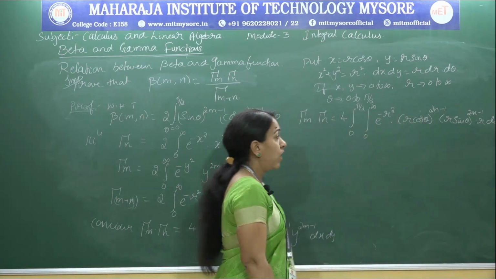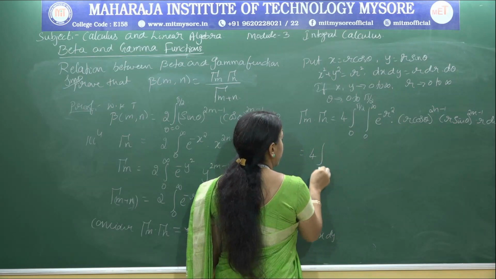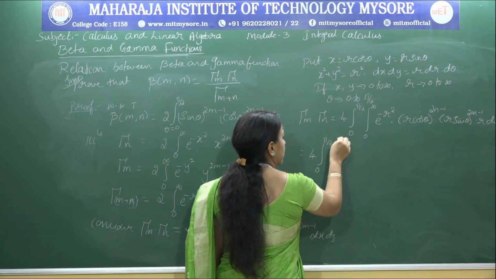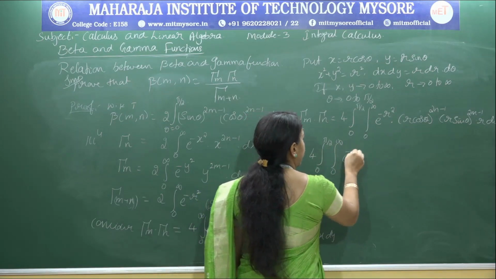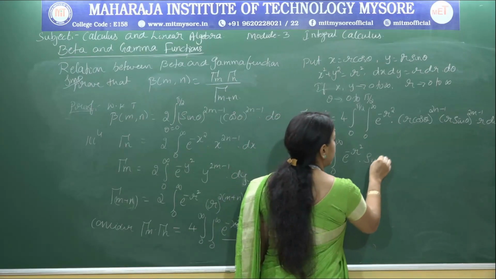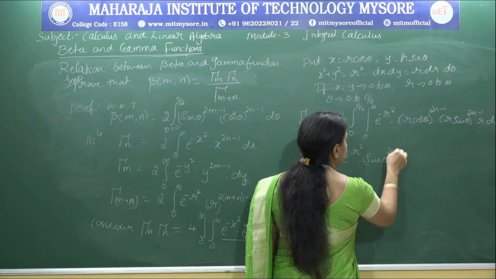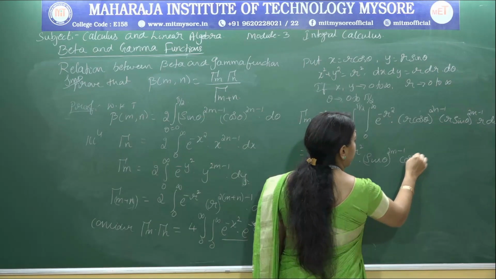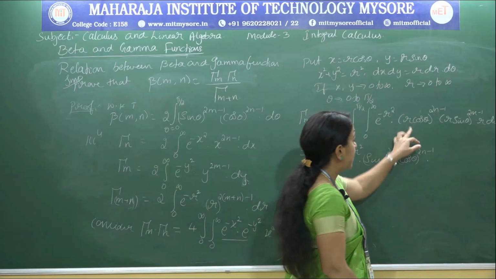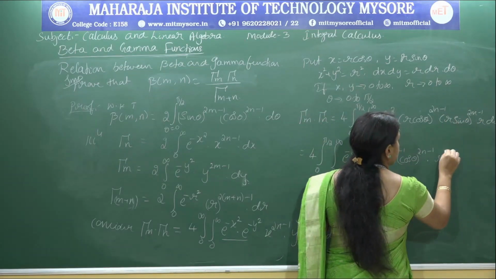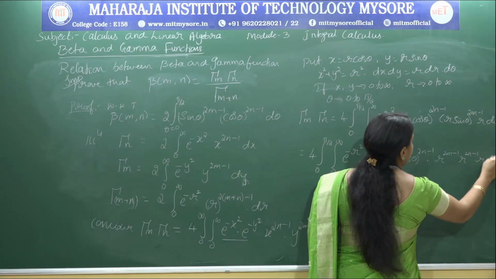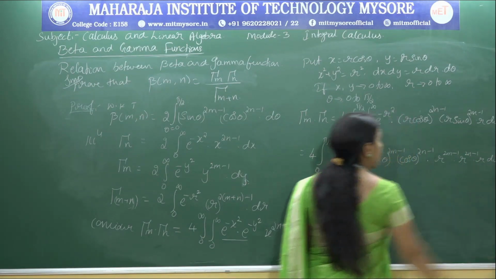Now simplify the powers of r, that is 4 times integral 0 to pi by 2 integral 0 to infinity e power minus r square into, I write for sin theta to the power of 2m minus 1 into cos theta to the power of 2n minus 1 into, we have r powers, right, r to the power of 2m minus 1 into r power 2n minus 1 into r dr d theta.